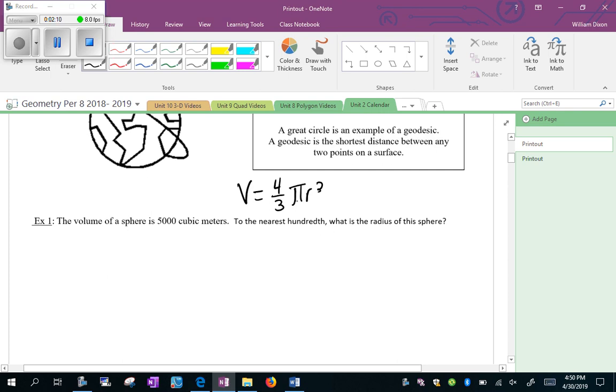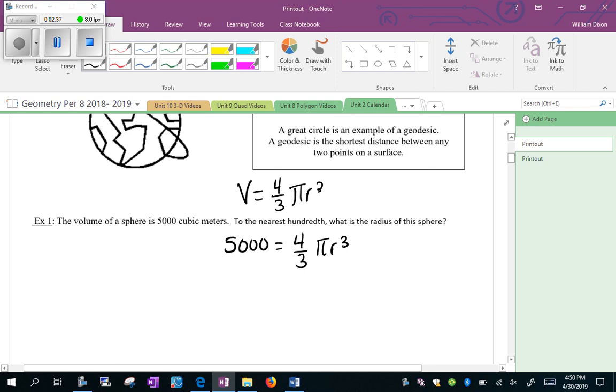I'm going to fill in the information I'm given because I'm looking for r, the radius. So I have the volume, 5,000 cubic meters, and that's going to equal 4/3 pi r cubed.